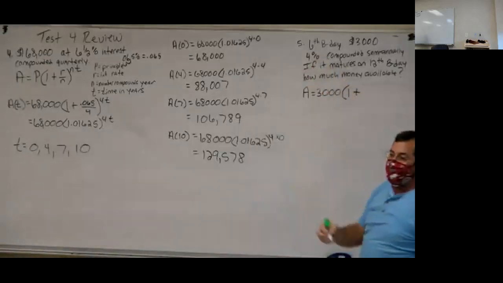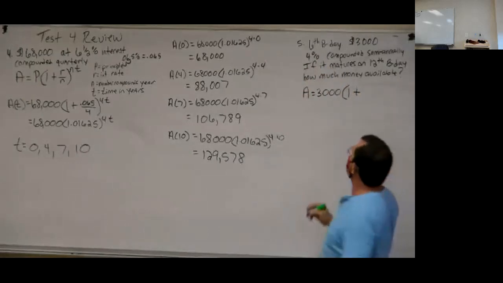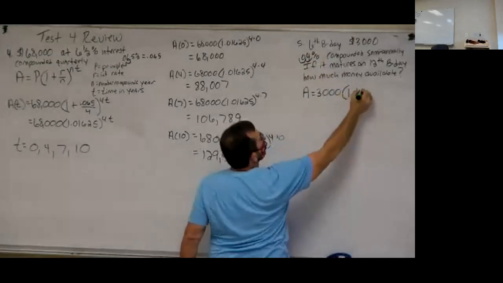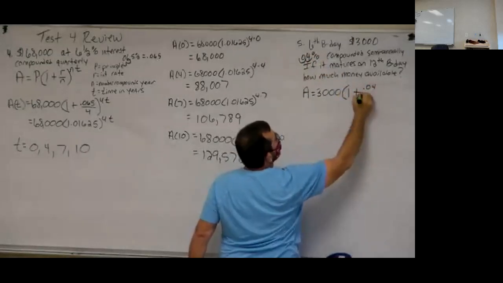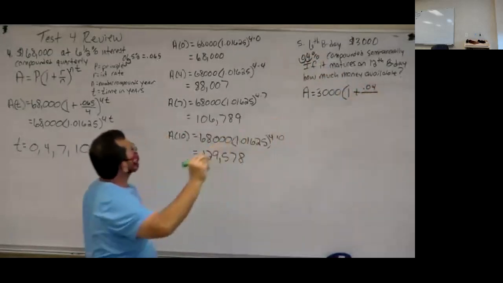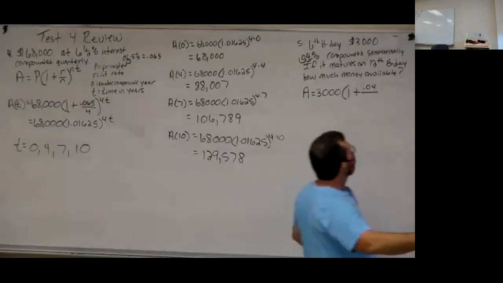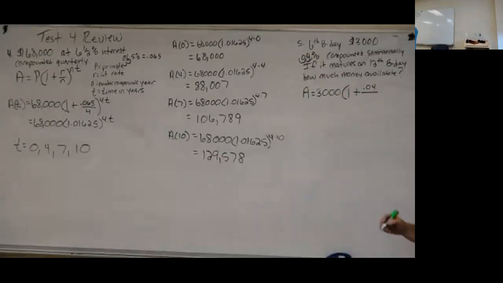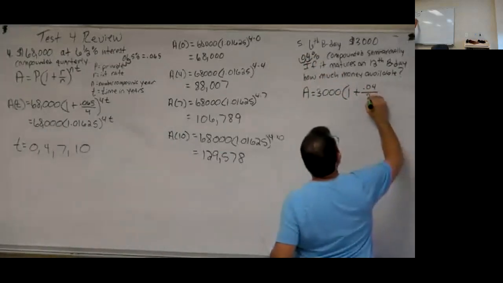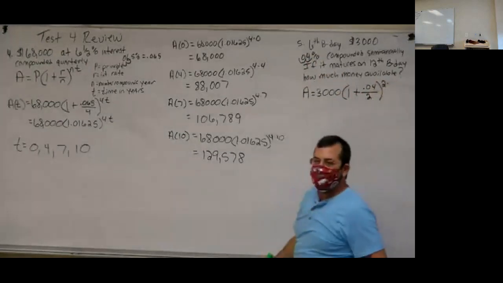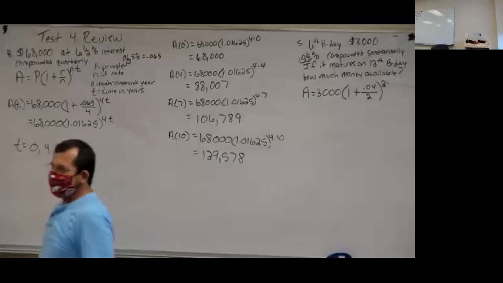Turn that 4% into a decimal, so you would move it left twice. That would give you 0.04. So what would you put for semi-annually for my compounds? 2. There you go. And then that'd be times 2 times T.